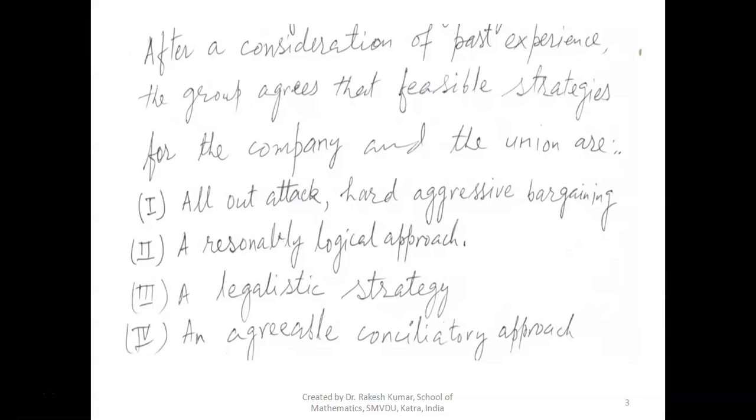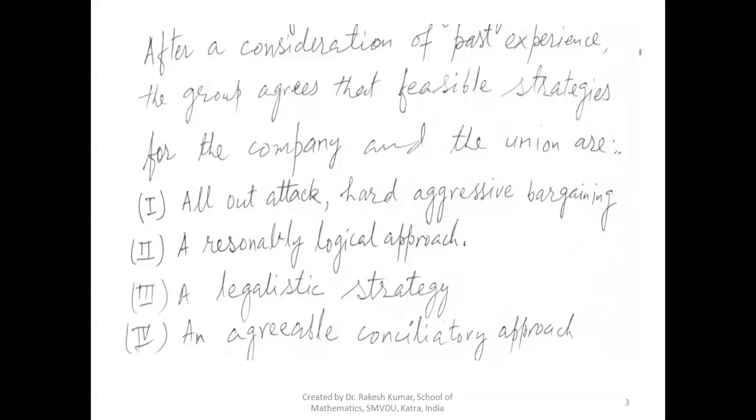After a consideration of past experience, the group agrees on the feasible strategies for the company and the union. So, in order to negotiate a new contract, both the parties agree that the following may be the feasible strategies.